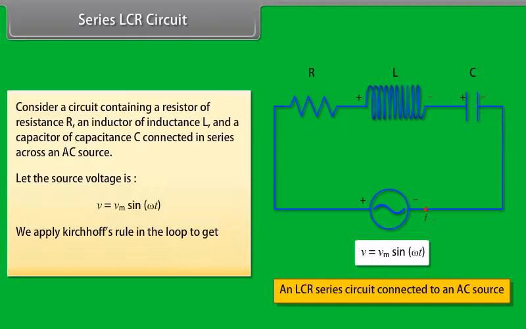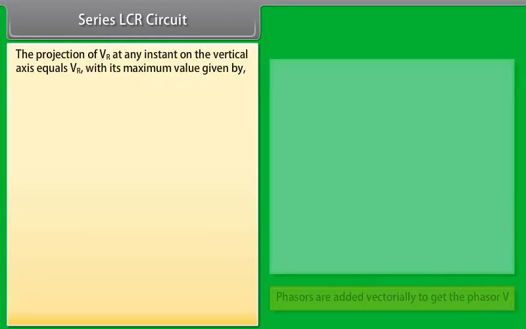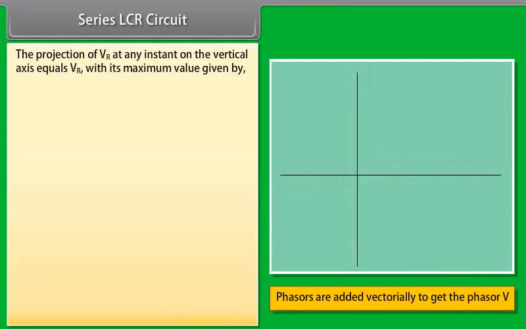The projection of VR at any instant on the vertical axis equals VR with its maximum value given by product of Im and R. The phasor VL leading the current phasor I by pi by 2 represents the voltage across the inductor.